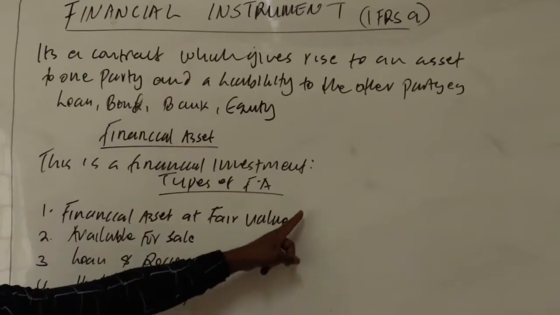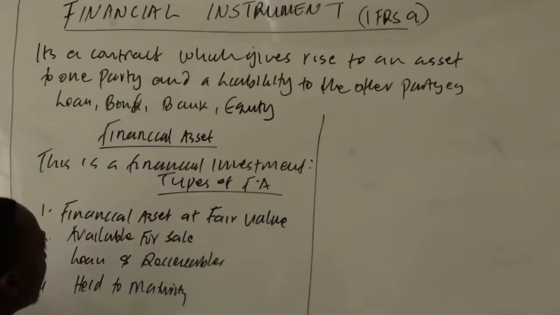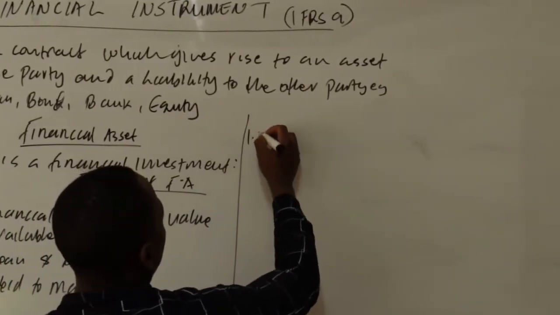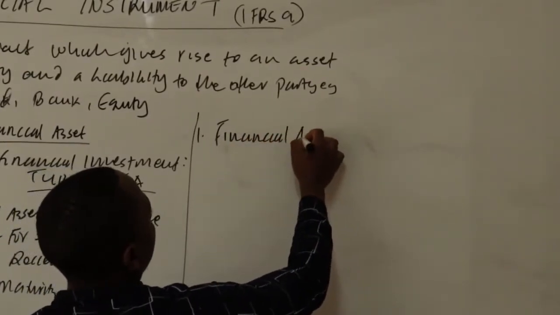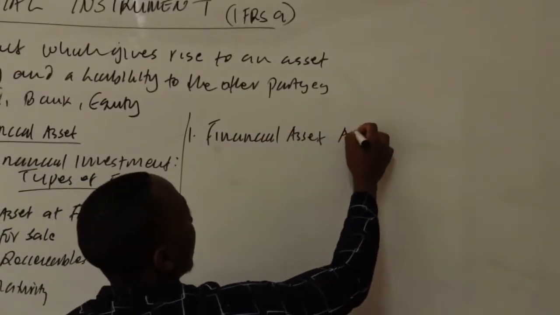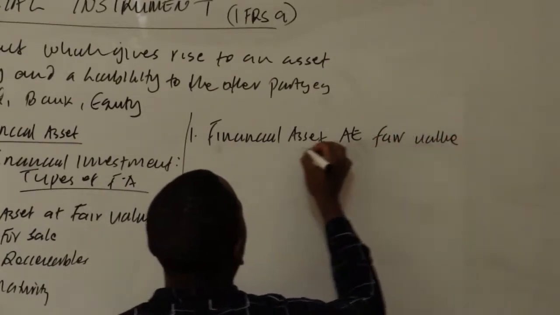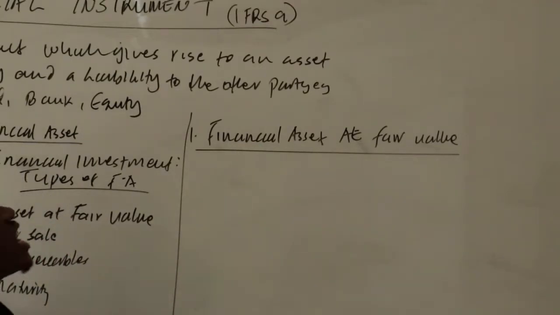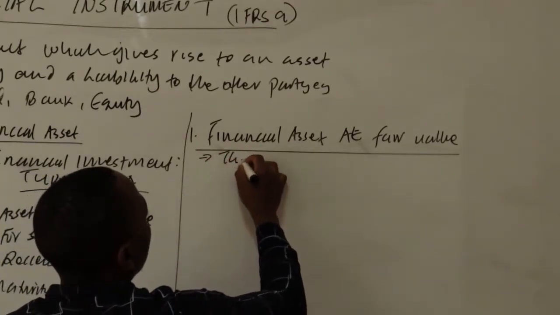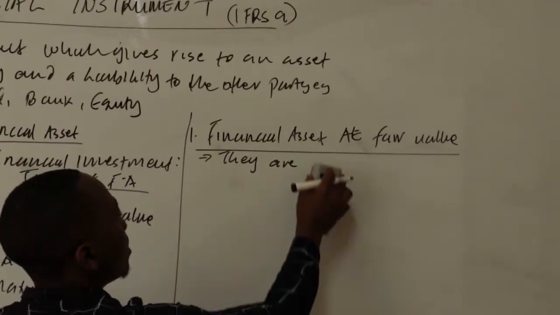But mostly I want to focus on the first two, the financial asset at fair value and available for sale. So what's the difference? Let's start with number one, financial asset at fair value. Financial assets at fair value are short-term investments. So this is a short-term financial investment.